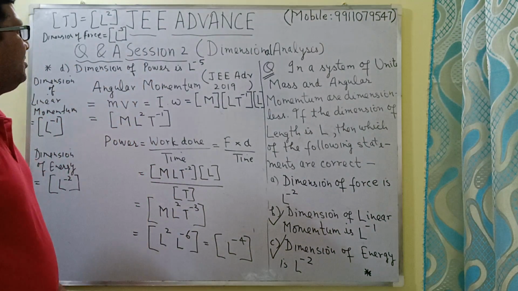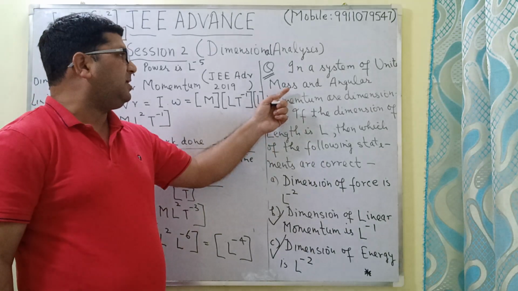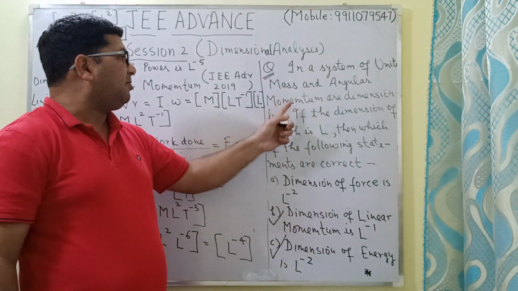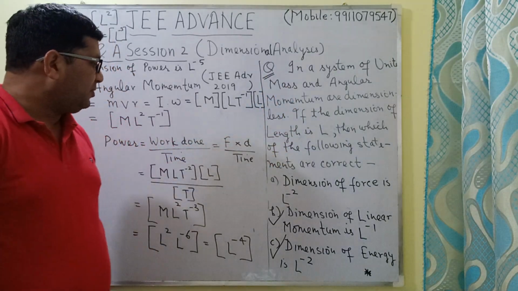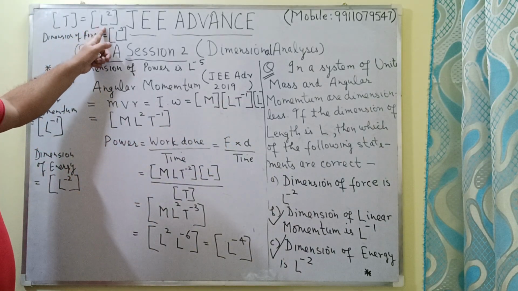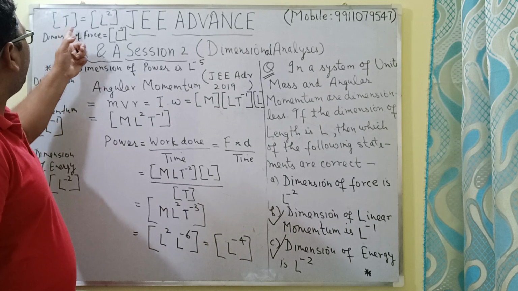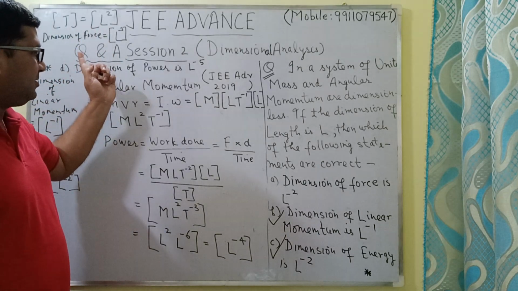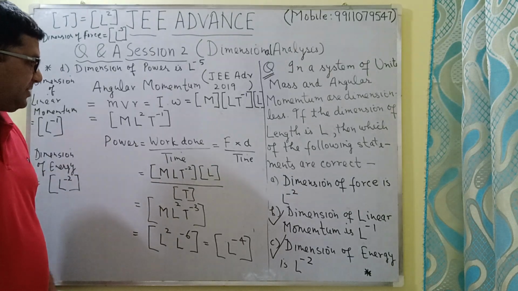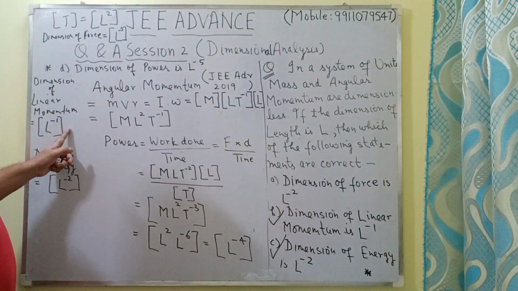Okay. So now the most important thing was that since mass and angular momentum in a particular system of unit were dimensionless, therefore the most important thing was to find the dimension of T in terms of L. After we have found the dimension of T in terms of L, then we were able to find the dimension of force, linear momentum, energy and power separately, and we have found that the dimension of linear momentum is equal to L minus 1, which we have already found here.